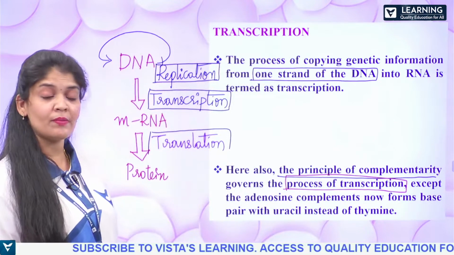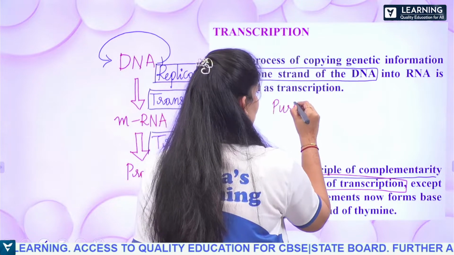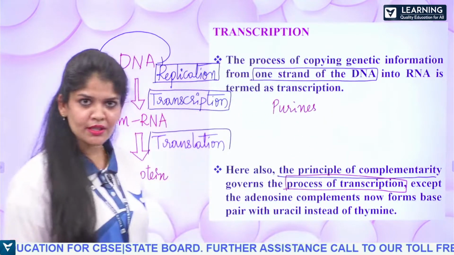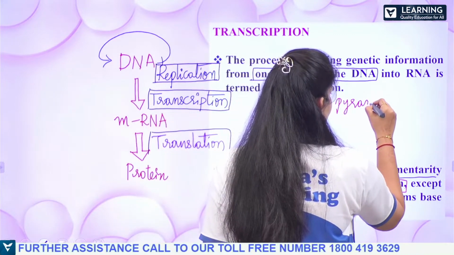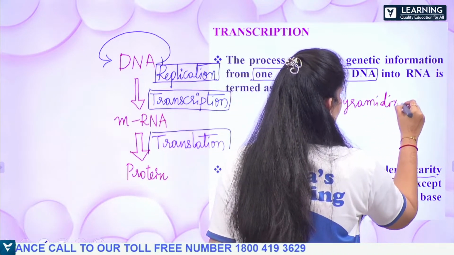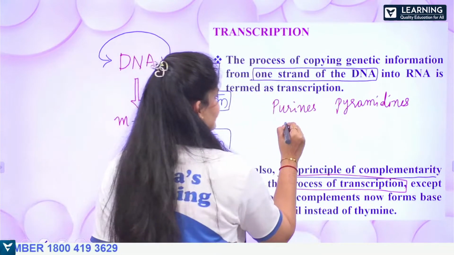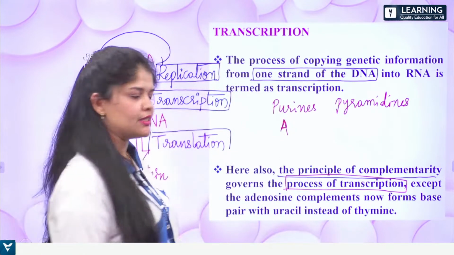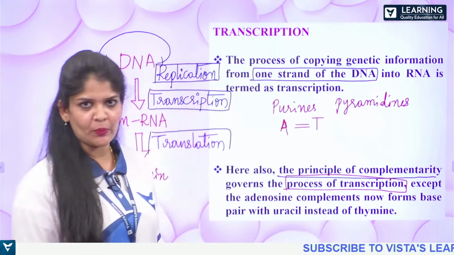What do you mean by complementary base pairing? We already know that purines pair up with pyrimidines and pyrimidines pair up with purines. For example, adenine, a purine, pairs with a pyrimidine.